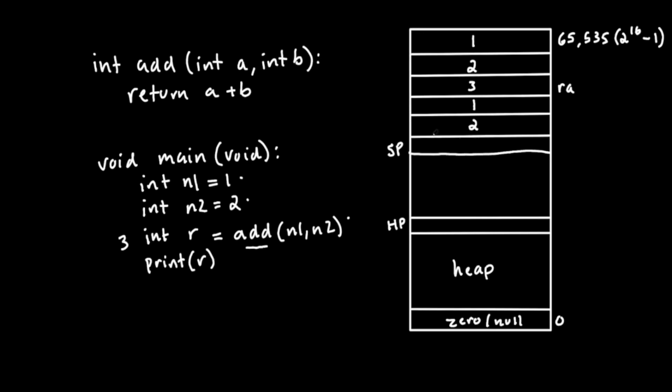So what do I mean by this? For this example, when we add a plus b, which is 1 plus 2, well, it just so happens to be 3, but I would explicitly do store word, and let's say I had the result in t0.